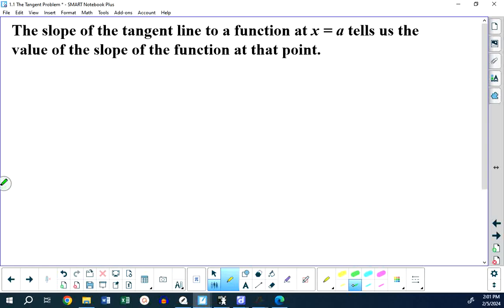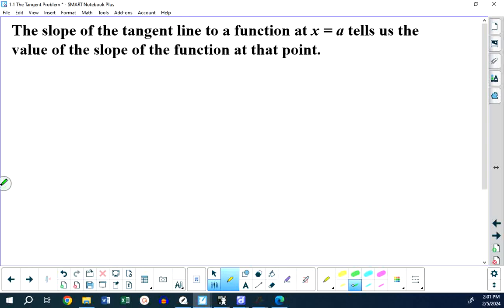We're talking about the slope of the line that's tangent to the function, and we're talking about the slope of the function at that point. And the issue is, in junior high and senior high math, the concept of slope is typically only defined for a straight line. But if we can use this idea, then we can not worry about the curve and instead find the slope of a line and say it's the same as the slope of the tangent, which means it's the same as the slope of the function.